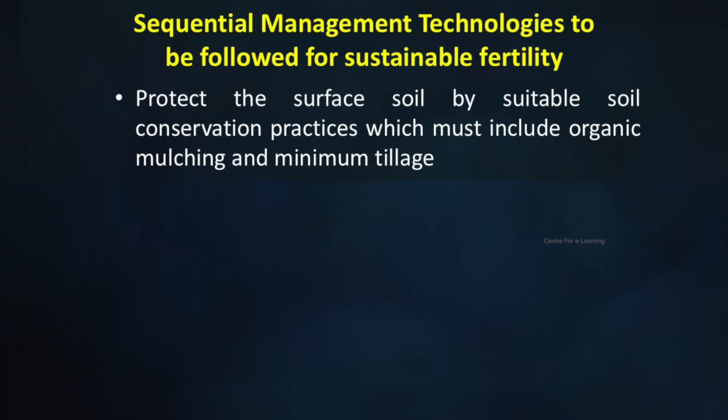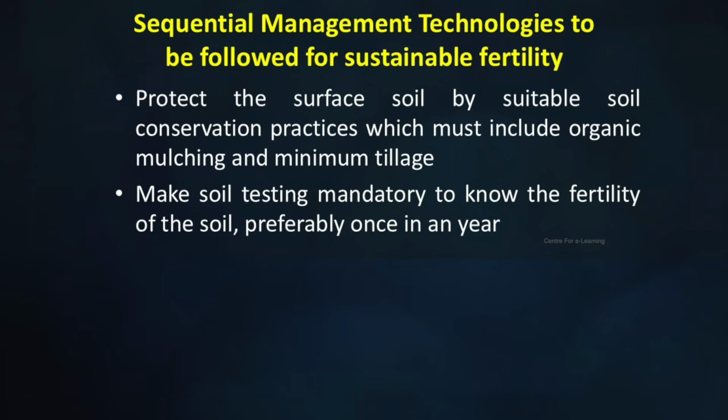Now, to sum up, the sequential management technologies to be followed for sustainable fertility are as follows. First, as I said, since Kerala is a sloping land, you have to protect the surface soil by suitable soil conservation practices like mulching, or agronomic or engineering practices, and minimum tillage.